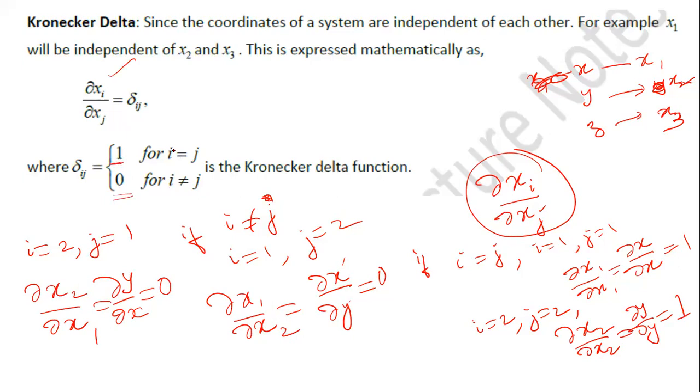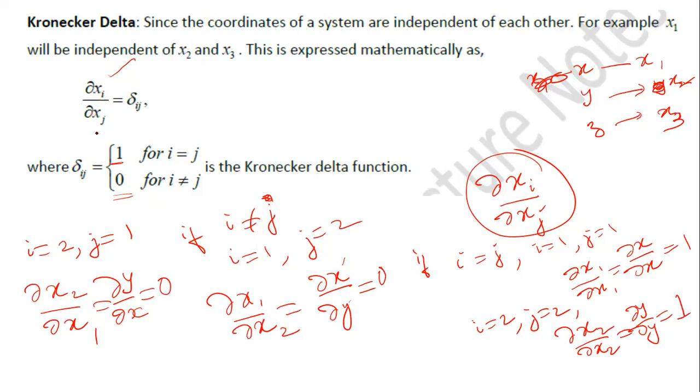If i equals j, then this quantity is 1. Whether i is 1 or i is 2, as long as i and j are equal, this del xi upon del xj equals 1. As long as i does not equal j, then del xi upon del xj will be 0.